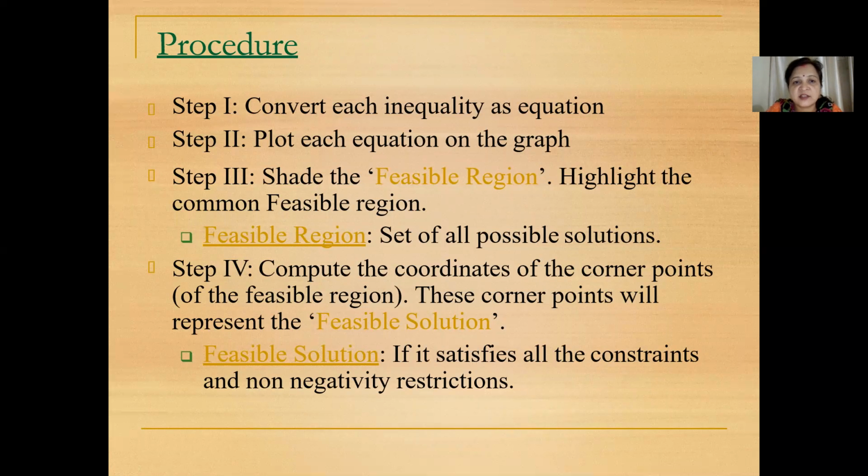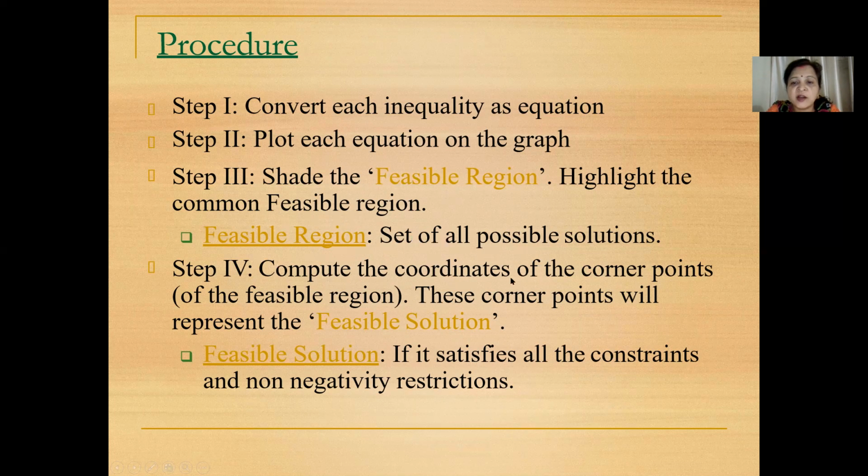Now these are the steps. First step is that we convert each inequality into an equation. Second, we plot each equation on the graph and shade the feasible region. Feasible region means where a solution can exist according to the given conditions, and the feasible region also represents all possible solutions.